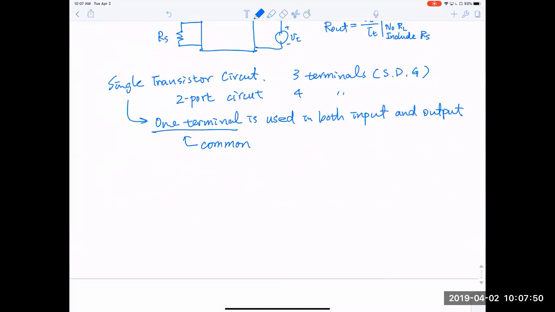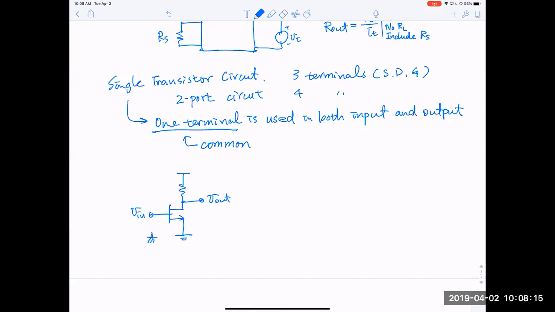So for example, the circuit that we have talked a lot about, by now you should remember this. Here is the input, Vin. This is the output, Vout. We are really referring this to ground here.